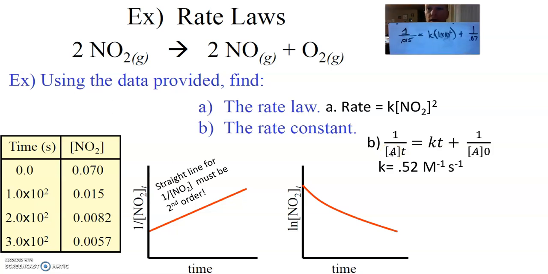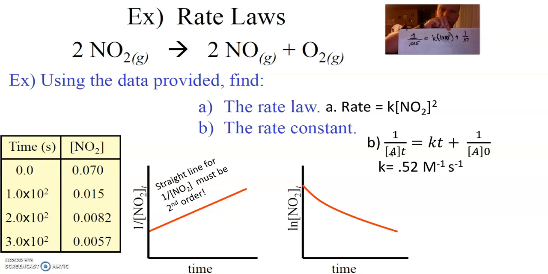I took my concentration at the second time off the data table, and then I put my concentration at time 0 here, and then the time from the second piece of data that matches up with the 0.015, which is 1 times 10 to the second seconds.